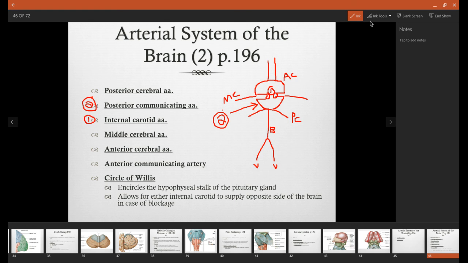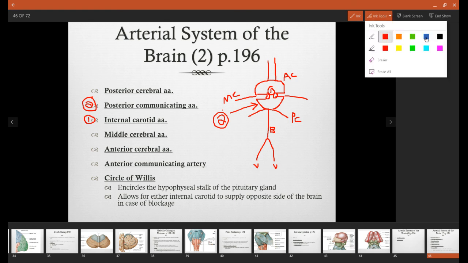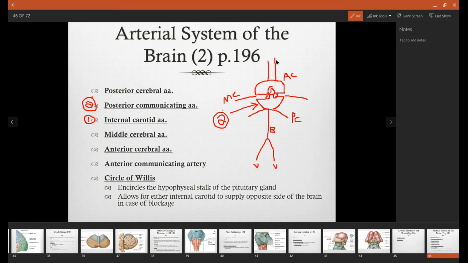And then anterior communicating, I'm going to use a blue arrow. Again, this has nothing to do with the veins, I'm just doing this blue to make a good contrast for our arrow, so everything's not just red. There, we'll put a number 3 for anterior communicating.